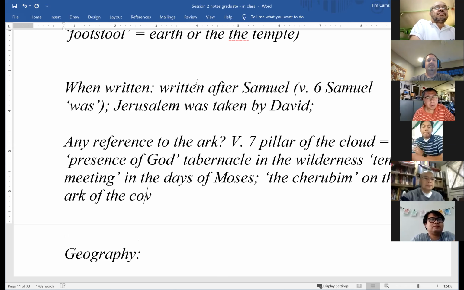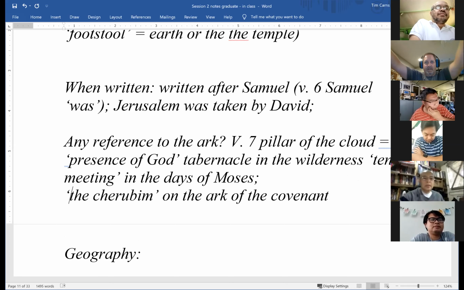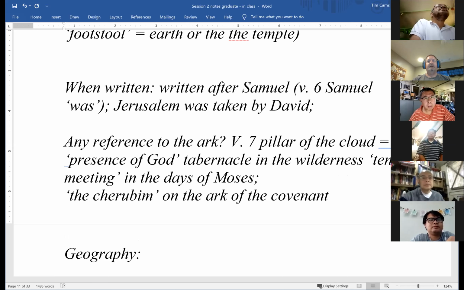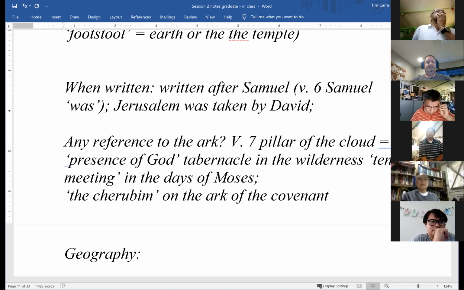What's on the top of the ark? Two angels. Cherubim. The cherubim, right? Remember, they have their wings spread, touching each other on top of the ark, and the mercy seat is there, located above the cherubim on the top of the ark.